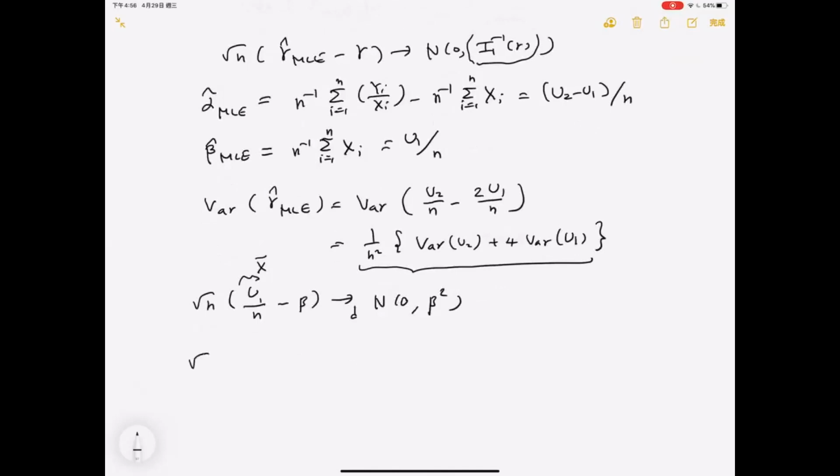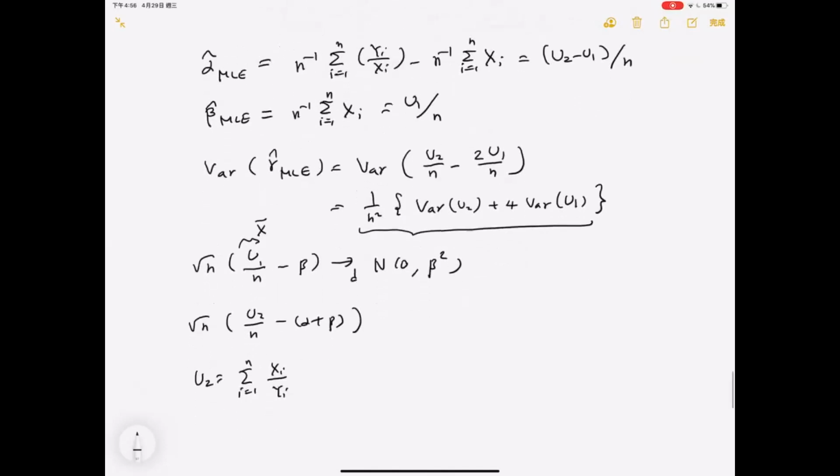I can also work on U2 divided by N minus alpha plus beta, because in the previous derivation U2 is the summation i from 1 to N of yi divided by xi. This is nothing but the expected value of y1 divided by x1. By the central limit theorem, this guy goes to normal 0 with the variance of y1 divided by x1, and the mean eventually is alpha plus beta squared.